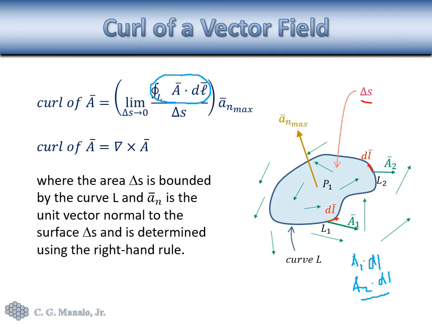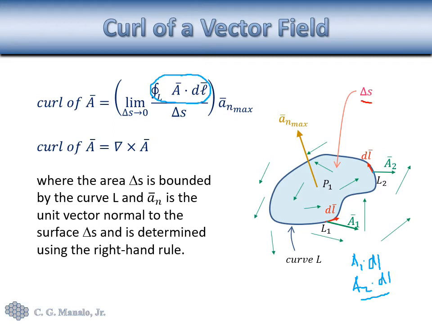After summing up and orienting the area, we then divide the result by the area itself, and we would get some result. Then we let this area shrink until it becomes an infinitesimal area, and then get the limit, if there is a limit, when the area becomes very small.